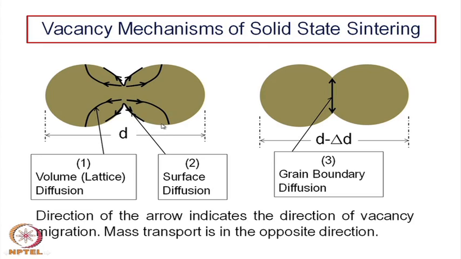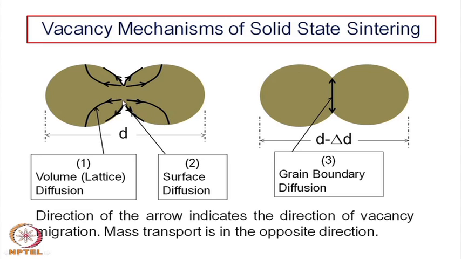So, at the convex surface the vacancy concentration is low, whereas at the concave surface the vacancy concentration is high. So, the vacancies will move from this concave surface to the convex surface. So, the movement will be opposite so far as the vacancies are concerned, compared to what we saw in case of vapor deposition or vapor transport.